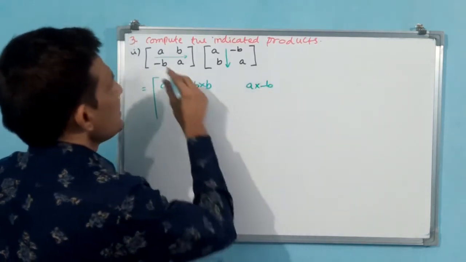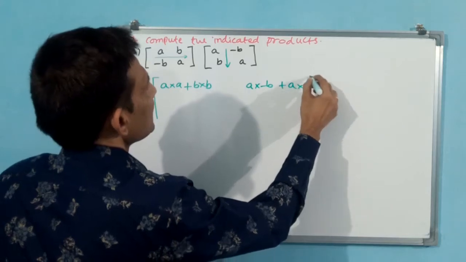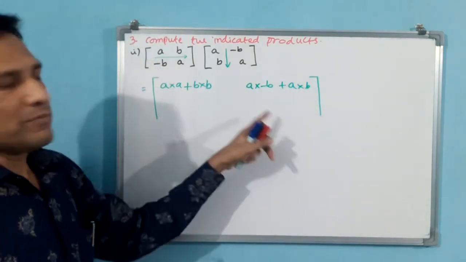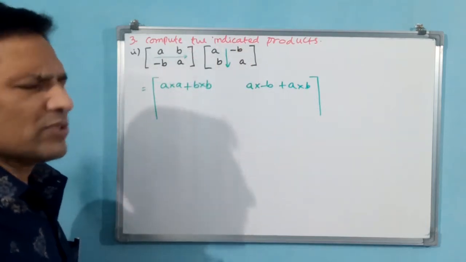A into minus B plus A into B. A into minus B plus B into A, or A into B, both are same.